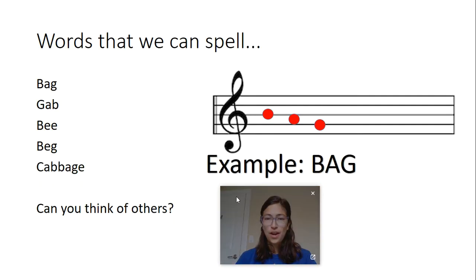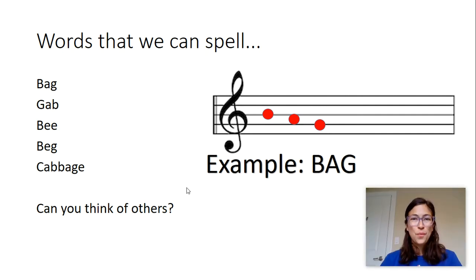Here is your job. We are going to use the treble or bass clef. Challenge yourselves, the G clef or F clef. And you are going to share a word that you can spell with A, B, C, D, E, F, or G. So some examples are bag, gab, which means to talk, bee, beg, cabbage.